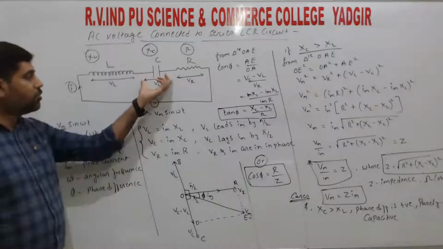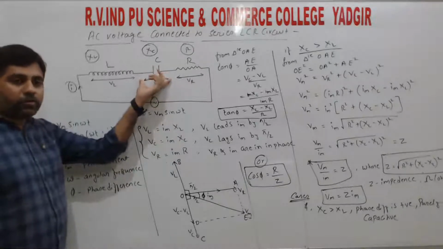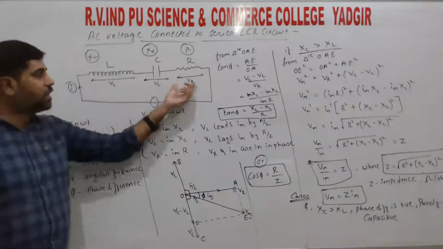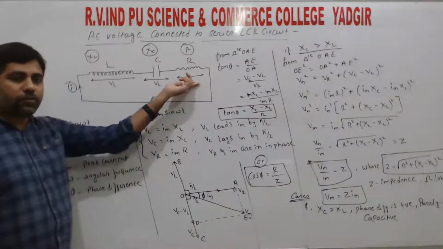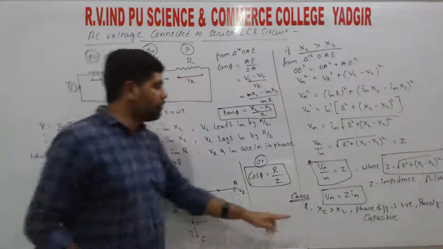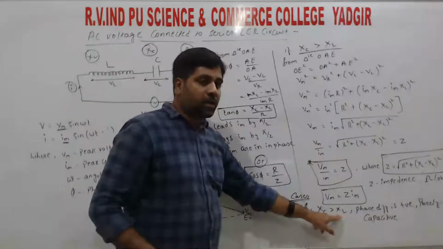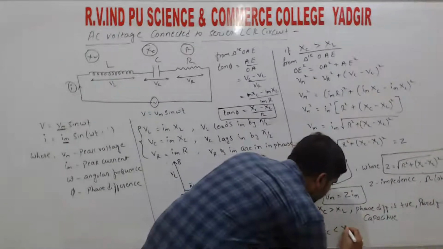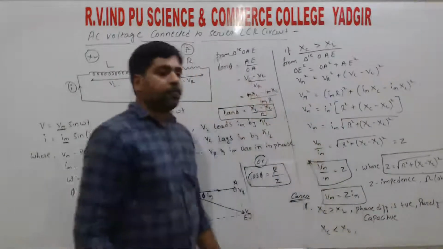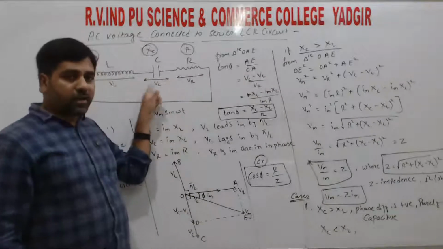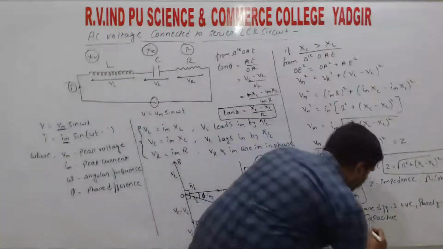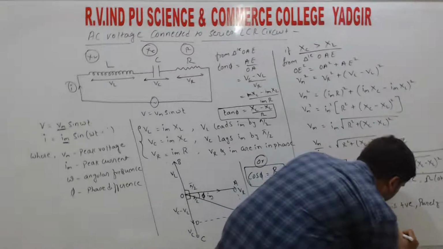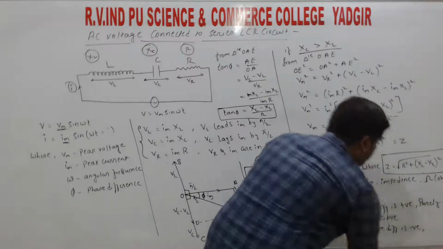That means maximum reactance will be produced from the capacitor. So less reactance will be produced from the inductor and less resistance from the resistor, right? So that is when Xc is greater than XL. In the same way, when Xc is less than XL, then the series LCR circuit becomes purely inductive, that is, the phase difference is negative, right?